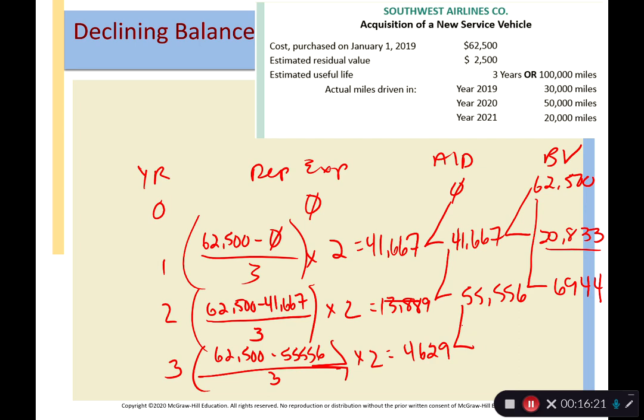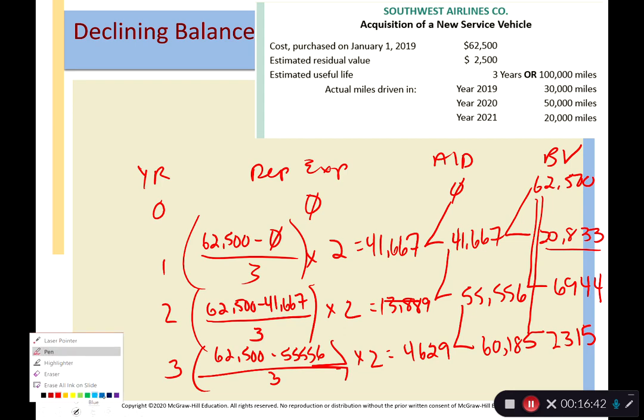I get 60,185. And then 62,500 minus that gives me 2,315 rounded.